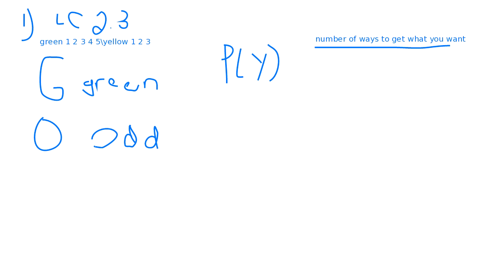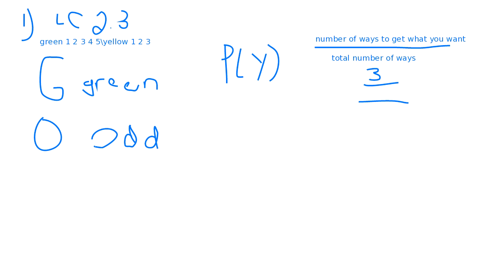Now, we're picking one thing here. So, how many ways are there to get a yellow? Just a plain yellow card. Yes, 3. Good. How many ways are there?